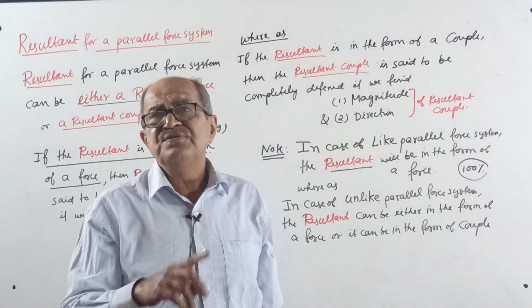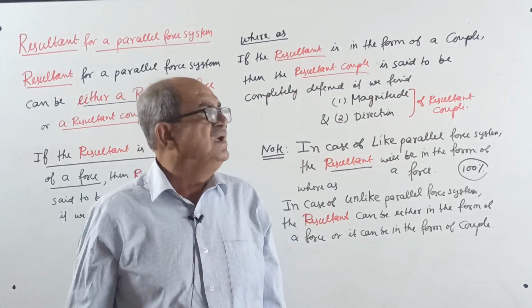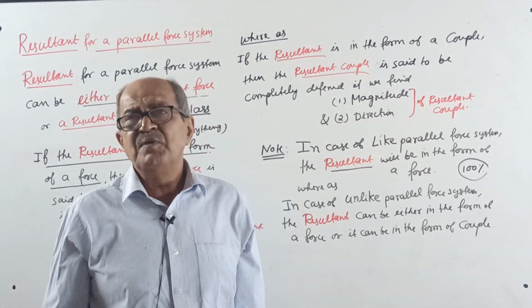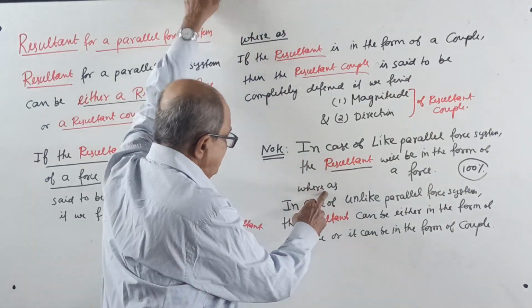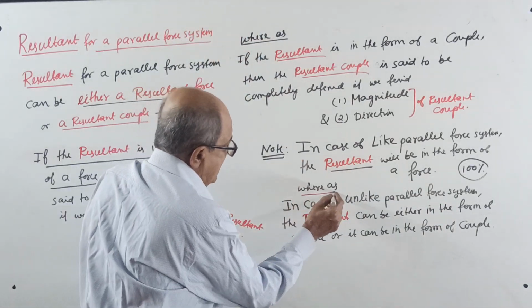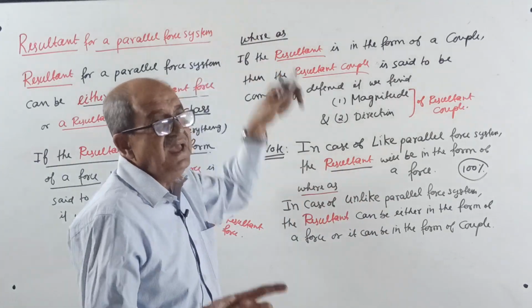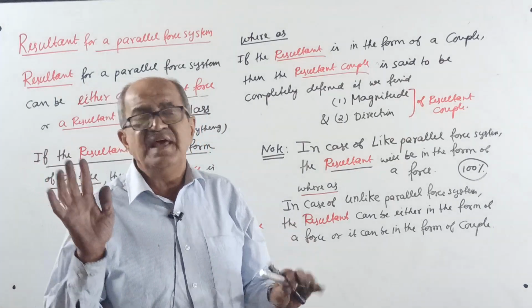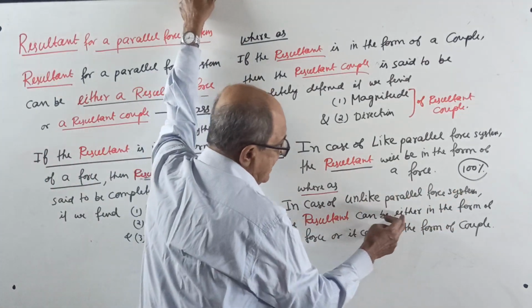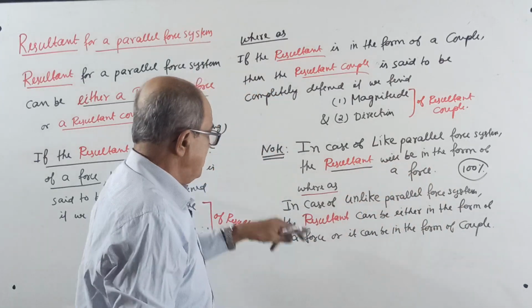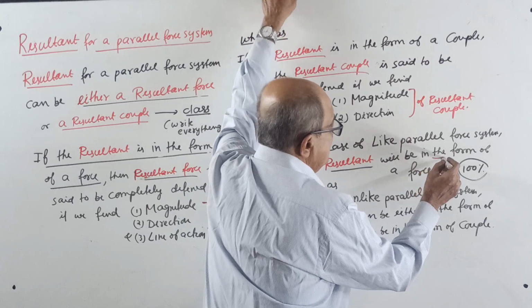Like parallel force system, the resultant can never reduce to a couple. It is 100% in the form of a force. Why, you will see later. Whereas in case of unlike parallel force system, both chances are there. In case of unlike parallel force system, the resultant can be either in the form of a force or a couple.